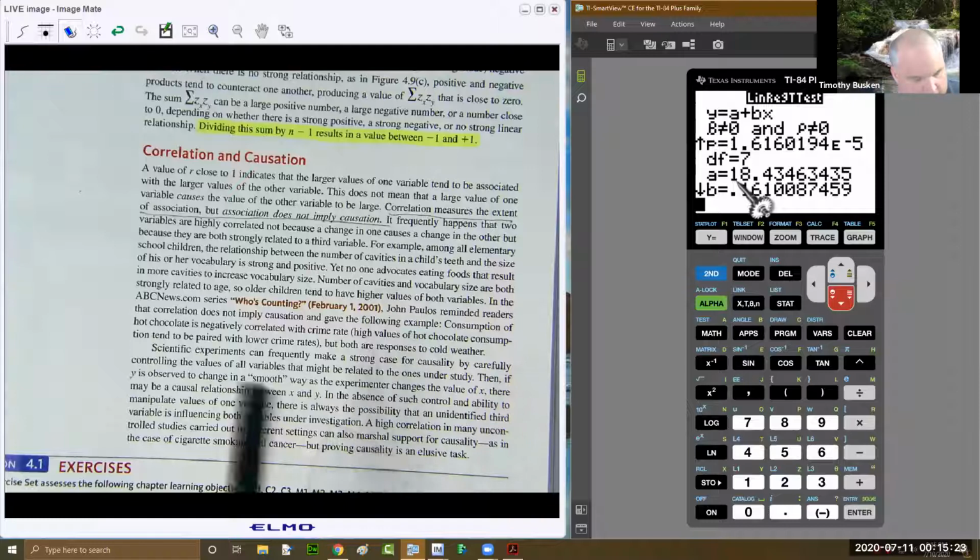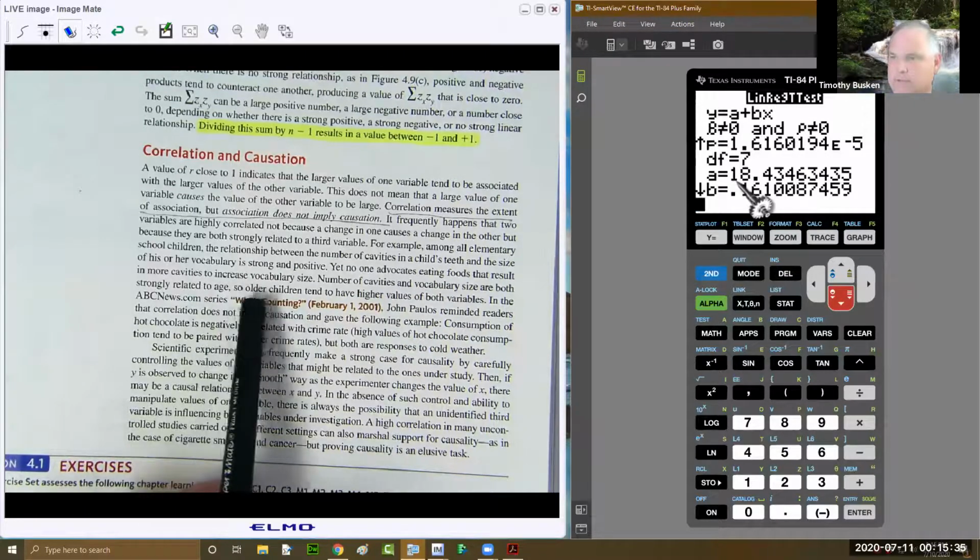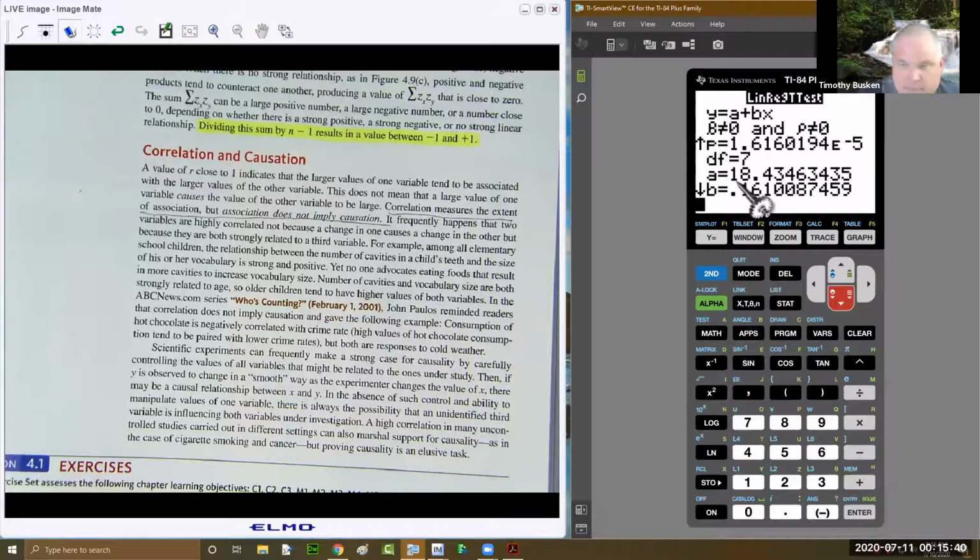And no one advocates eating foods that result in more cavities just to increase vocabulary size. Number of cavities and vocabulary size are both strongly related to a third variable, age, so older children tend to have higher values of both variables, and that's probably the source of the correlation.